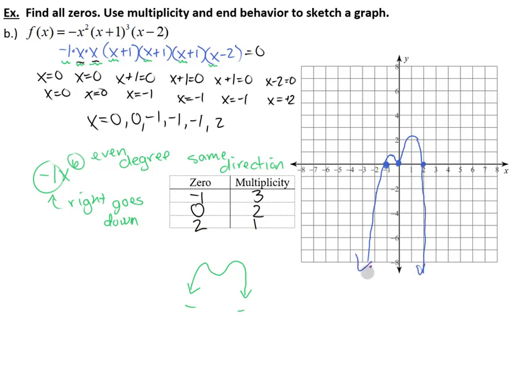Now you might have noticed this time I didn't go find my constant, my y-intercept. Now if you did that, you still have to take the smallest term in each, which would be negative 1x squared times 1, which is negative 1x squared, times another one, which is still negative 1x squared, times another one, which is still negative 1x squared, times negative 2, which is positive 2x squared.